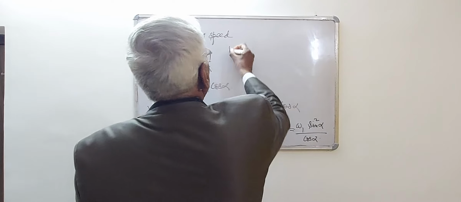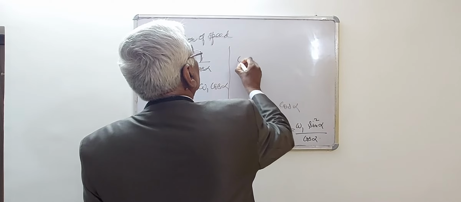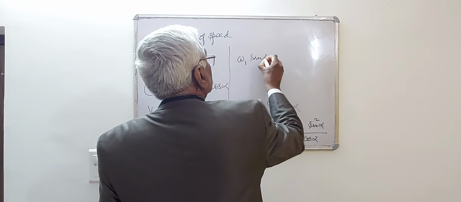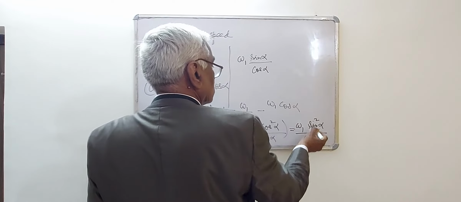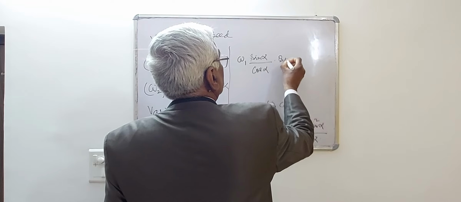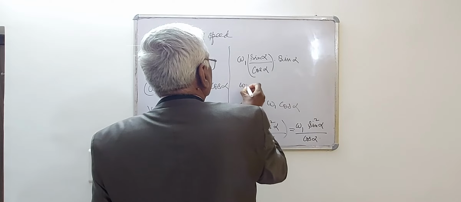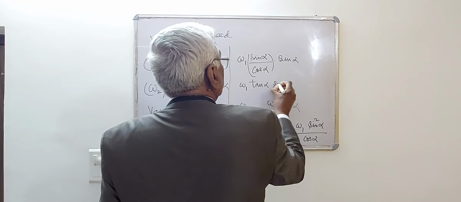Or the maximum variation in speed can be written as omega 1 sin alpha divided by cos alpha into sin alpha, that is, omega 1 tan alpha into sin alpha.